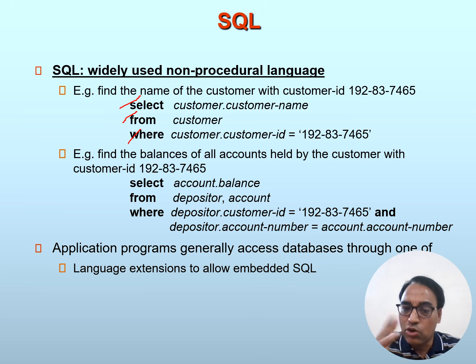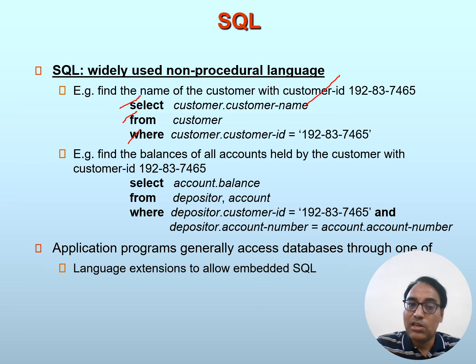These are the three important keywords which SQL uses. Select means I'm calling the specific attribute. This is the customer name attribute in the customer table. This is an attribute, a specific characteristic feature of the table customer.